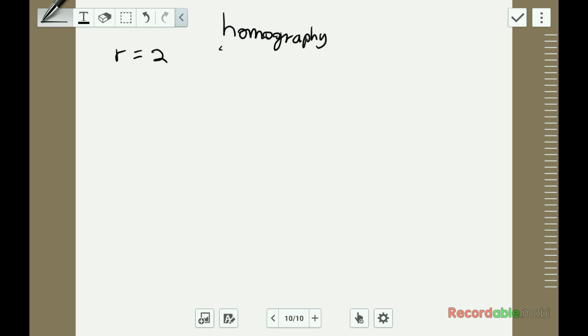So suppose r equals 2. And we have a plane here, P, and a plane here, Q. And to do the perspectivity, we need a centre of perspectivity.